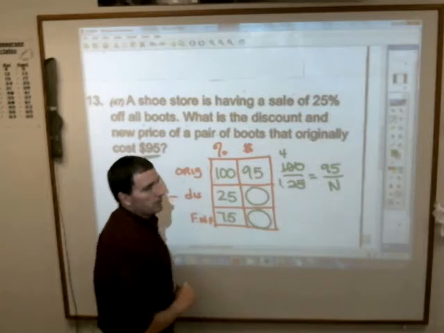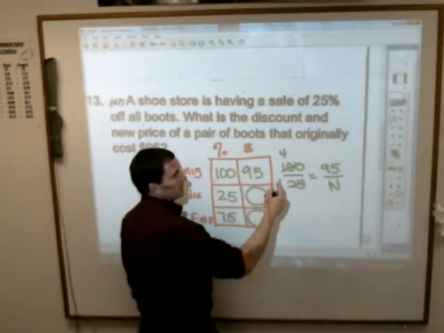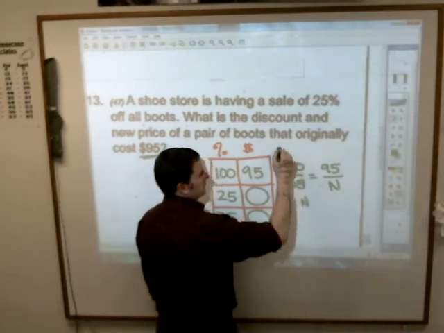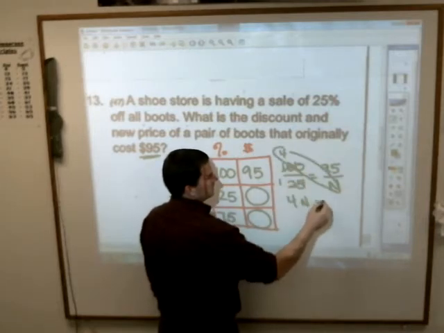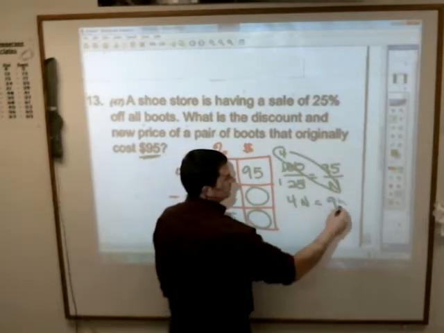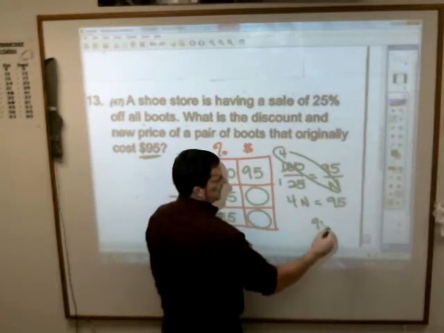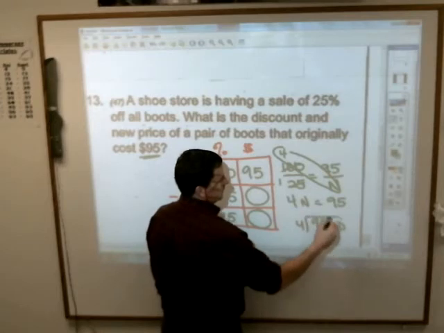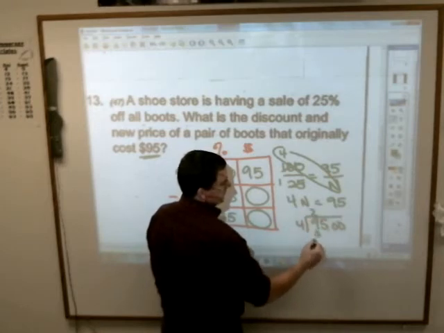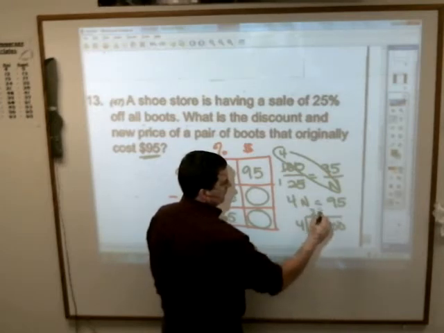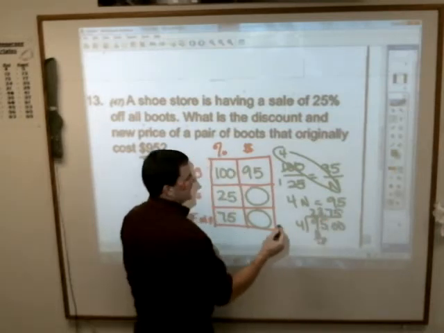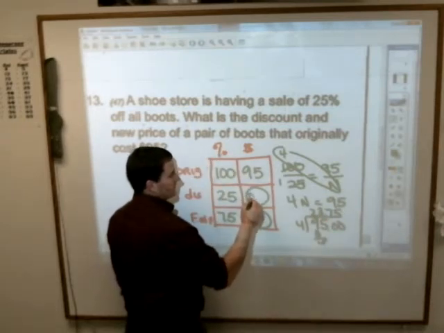And then there's no other easy way to do this rather than cross multiplication. 4 times n, the diagonals, equals 95 times 1. So you just take $95 and divide it by 4, and you get $23.75. That is your discount.